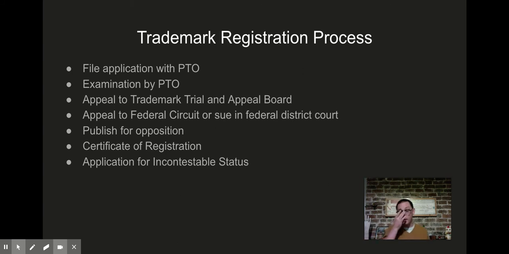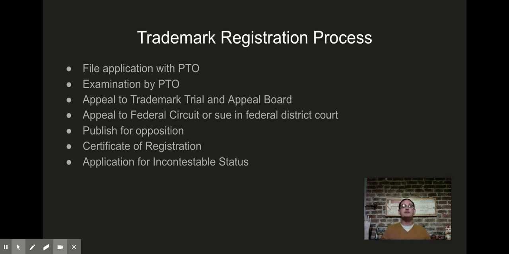Okay, so what happens in the registration process? If you want to see in more detail, you can go to the USPTO website, look up a trademark, and actually look at all the documentation. But in a nutshell, what happens is the putative trademark owner will file a registration application with the USPTO, which will then assign that application to an examiner who will look at the application and determine whether or not the mark that is being applied for is actually registrable.